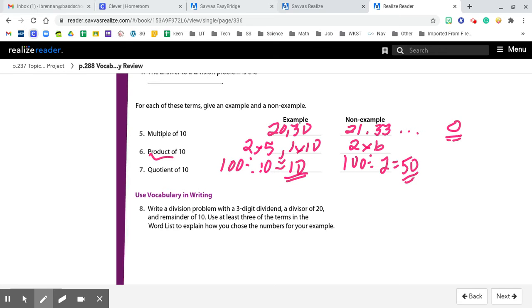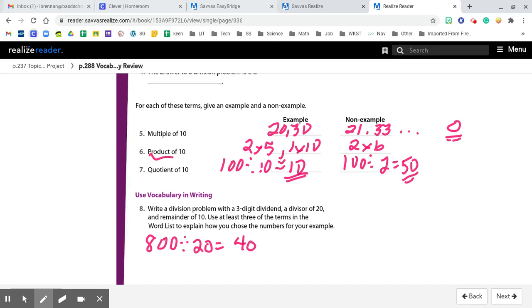And write a division problem with a 3-digit dividend, a divisor of 20, and remainder of 10. Use at least 3 of the terms in the word list to explain how to choose the numbers for your example. So let's see. Write a division with a 3-digit dividend. So let's say 800 divided by 20 would equal 40.